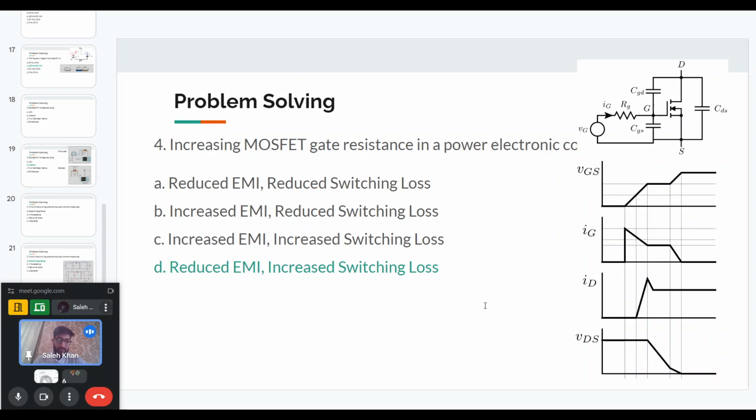So that is why the other methods, that is adding some filters or snubbers, are better methods for reducing the EMI. But this can be done if you are very close to meeting the standards and you just want to reduce the EMI further, so you slightly increase the resistance.